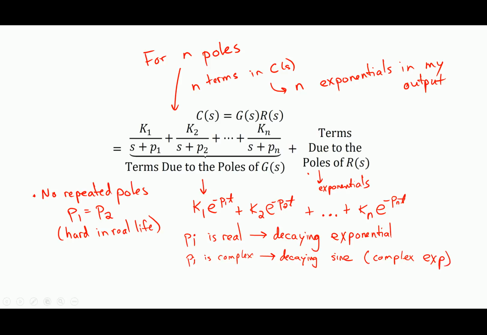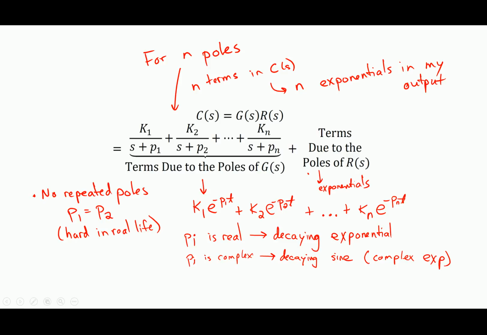Bottom line to all of this is that the poles control the transient response. And that transient response consists of, in general, decaying exponentials or decaying complex exponentials, meaning decaying sine waves.